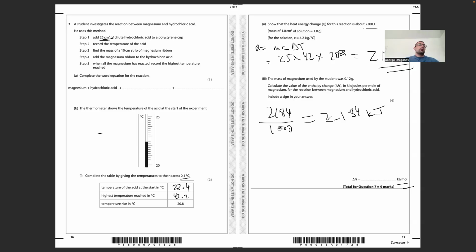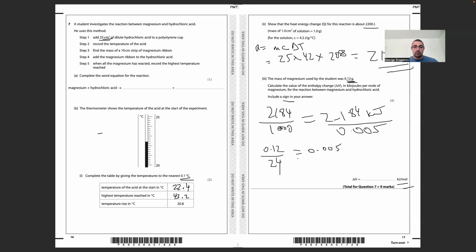The sign is not important at this stage, only at the end. They even tell us. Then you got the mass of the magnesium. So mass over Mr, which is 24 for magnesium. So always remember moles equals mass over Mr. Very important formula. So we get the moles as 0.005. Then to get into kilojoules per mole, we just divide these two.